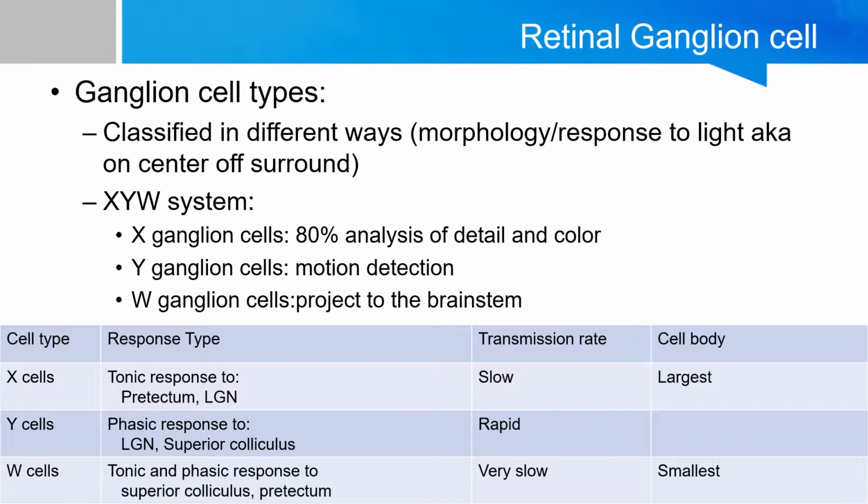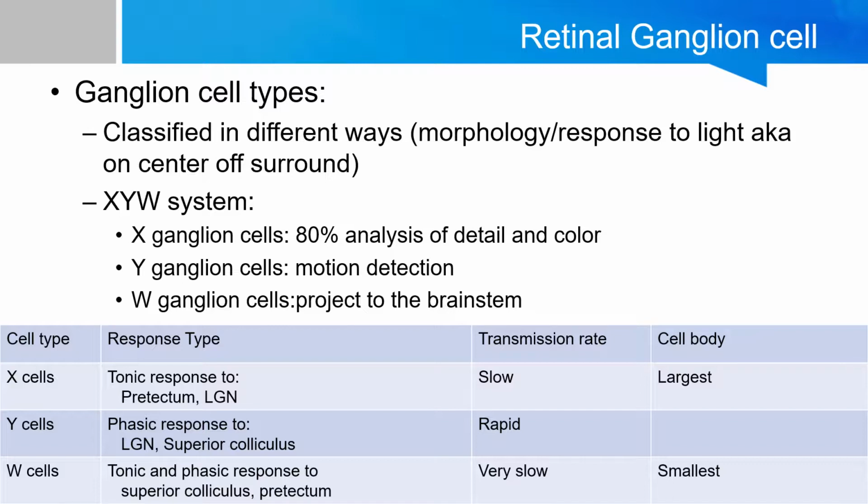And namely, those are LGN for conscious vision, pretectum for the light reflex, and the superior colliculus for eye movement reflex. I like to think of the superior colliculus as responsible for the upgaze palsy and the Parinaud syndrome. Now the pretectum and the superior colliculus will be covered in other videos.